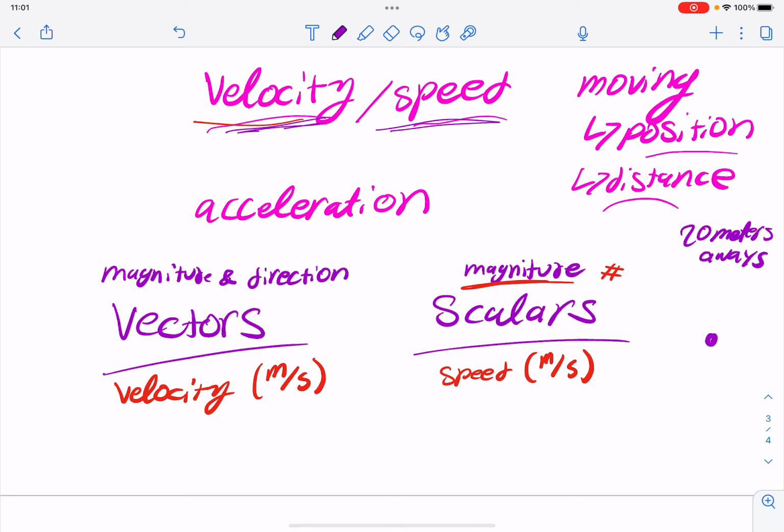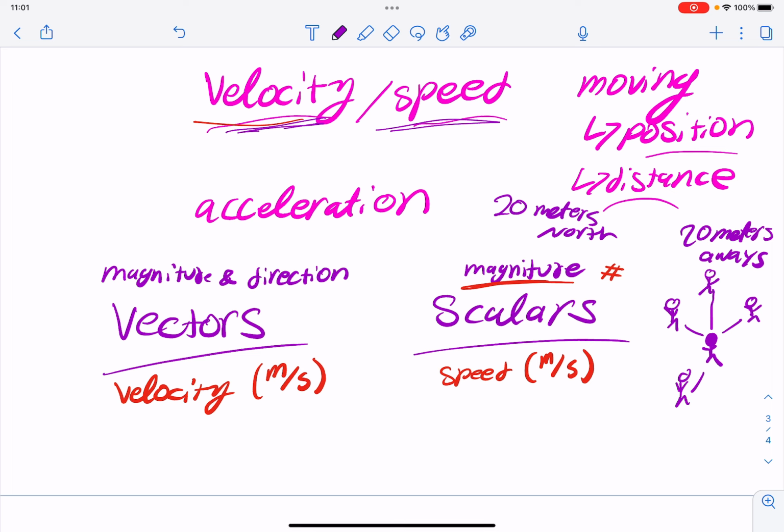If this is one person and the other person is 20 meters away, they can be 20 over here, or 20 over here, or 20 over here, right? We have no idea where he is. But if I say I'm 20 meters north, then we know that I am exactly 20 meters above this person, right?